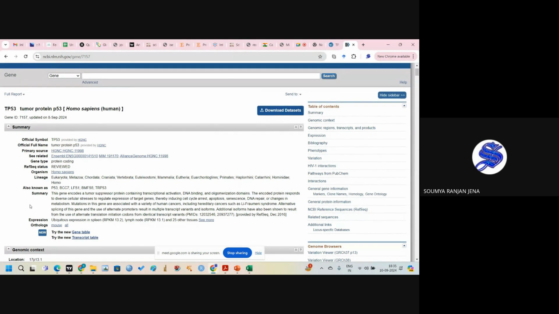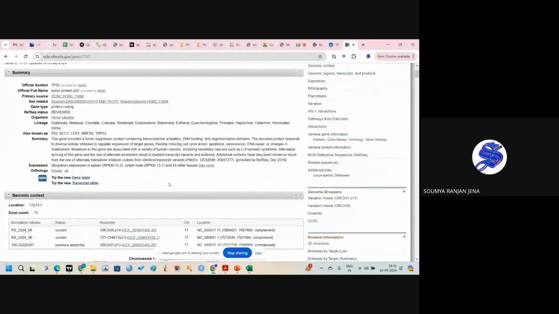The encoded protein responds to diverse cellular stresses to regulate expression of target genes, thereby inducing cell cycle arrest, apoptosis, senescence. All the functions you can find for every gene. You can input any gene and it will tell you the function of that particular gene.